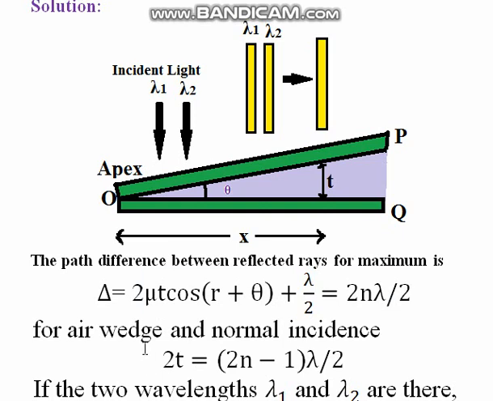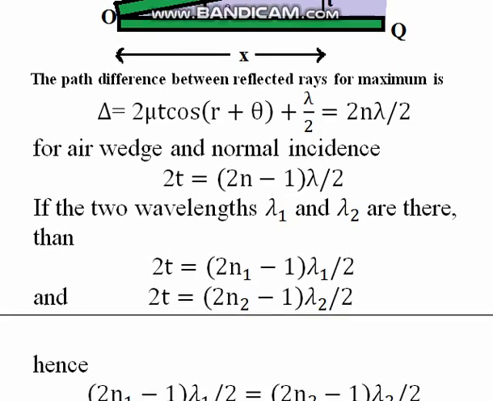There is an air wedge, so mu is equal to 1, and for normal incidence r and theta are approximately 0, so cos r is equal to 1. So here twice t is equal to twice n minus 1 times lambda by 2, because lambda by 2 is transferred to this side. This is the general expression.